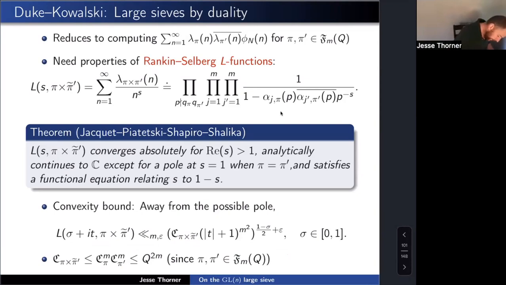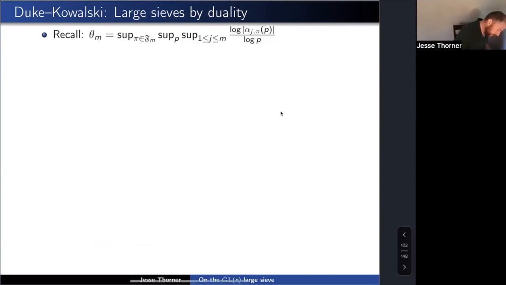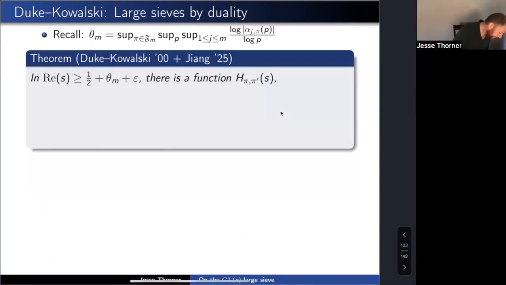So now I can get to the heart of the matter. Here's our exponent towards Ramanujan from before, where all these sups are replaced with lim sup, as was pointed out earlier.